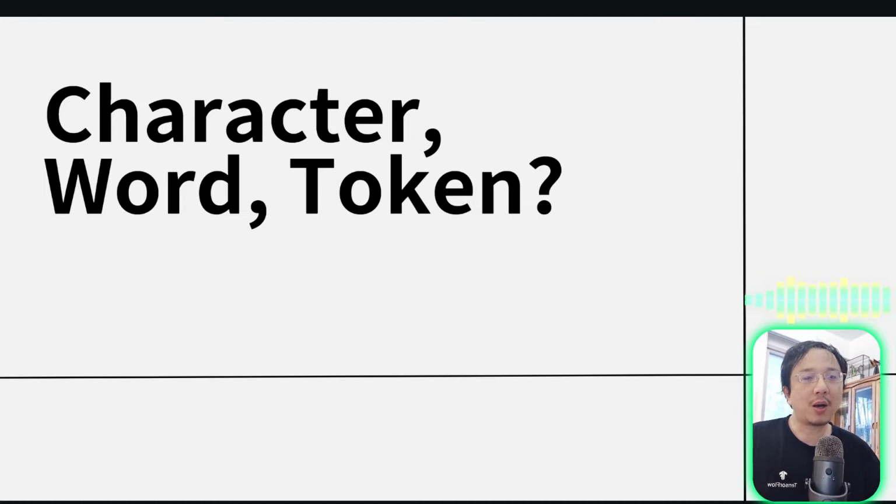So we probably will have 100 or 200 different characters. And then we can use these characters to compose words, and use these words to compose a sentence. Since every sentence can be constructed using characters, why not separate the sentence into characters? So that's one way to do that.